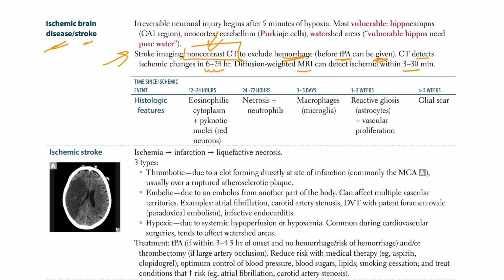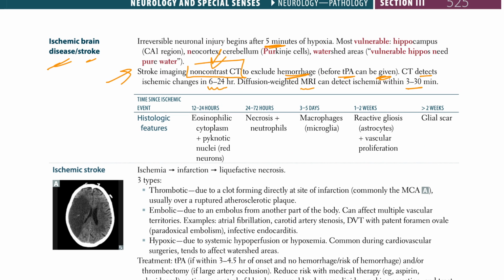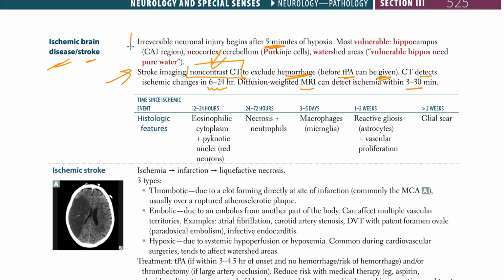So one thing, if you just think about it, 5 minutes, it's not a big deal, right? 5 minutes is like a snap. Right? So the question might come up as, if you already know that there's going to be irreversible injury within 5 minutes, what if the ischemia was less than 5 minutes?